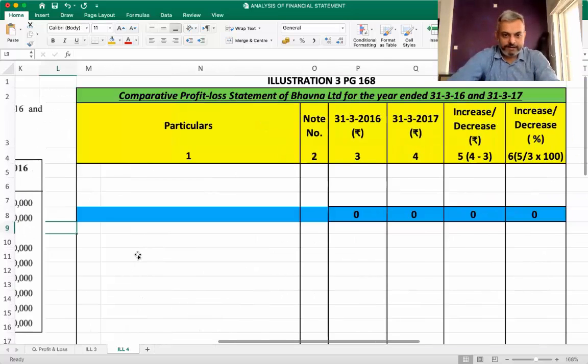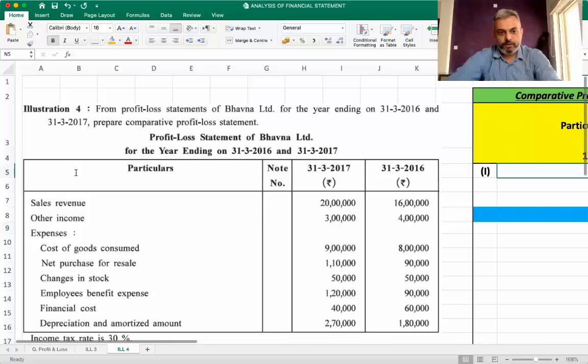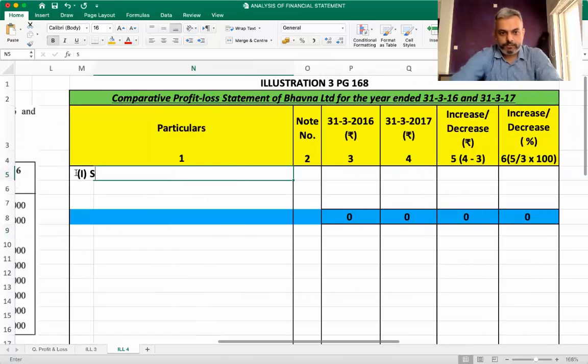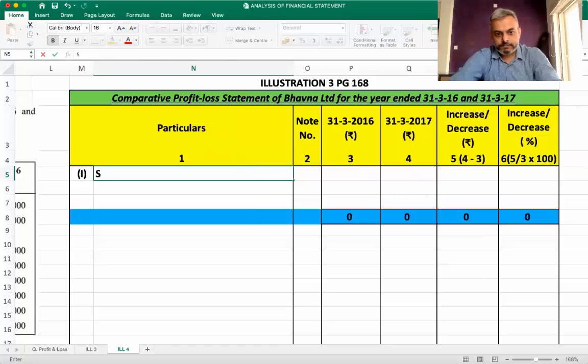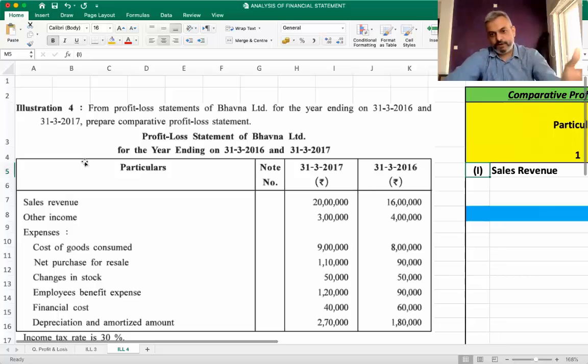Come to the format. We follow the same format that is given over here. So, sales revenue. How will you see the amount? You will read the amount from left to right, so 16 lakh and 20 lakh.